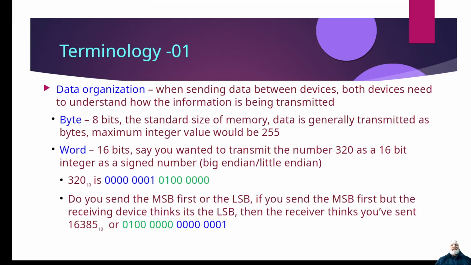If we needed to send more data, we would have to send multiple bytes. So we step up from a byte to a word, which is 16 bits, then what they call a double word, which is 32 bits, and then a quad word, which is 64 bits. A lot of times nowadays, people who work just with 64-bit processors might call a word 64 bits.